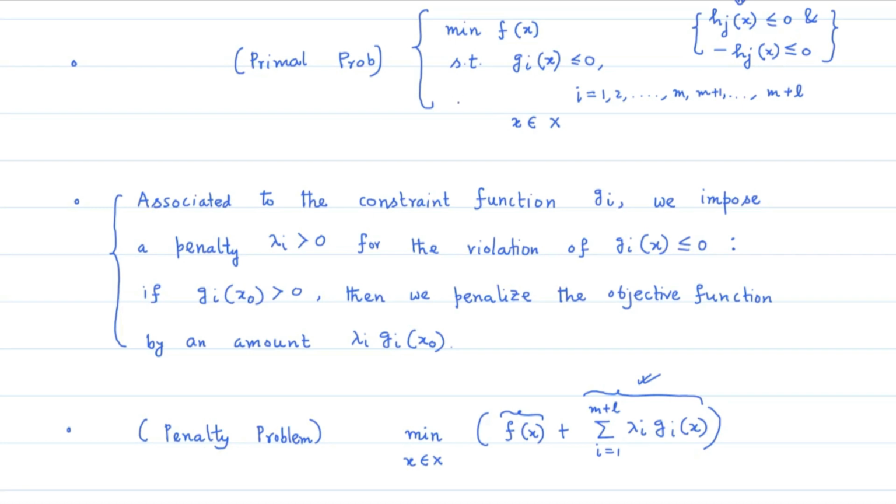And here the question arises: what could be the best choices for the values of these penalties, the lambda_i's? Now, as we wish to solve the primal problem, the best choices of lambda_i, these penalty values, are those possible values which give the maximum value of the penalty problem, because the maximum value of this penalty problem will refrain us from moving out of the feasible region.